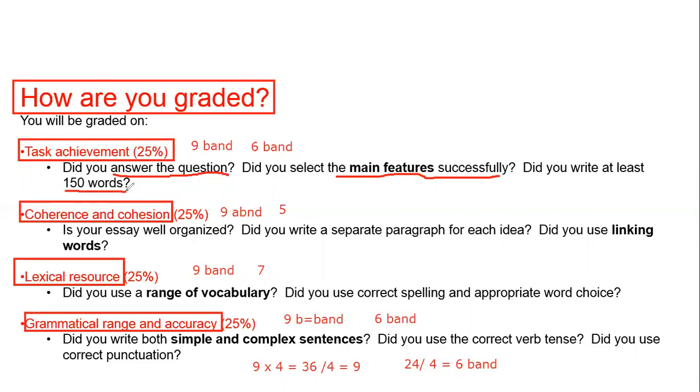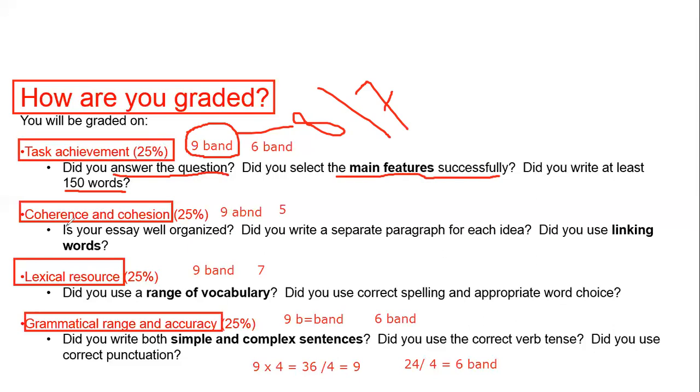If you write less than 150 words, your marks will be deducted. So these are the three main areas where you will be given marks by the examiner. If you fulfill all these requirements, you will be given at least 8 or 7 band out of 9. But if you did not complete it, your marks will be deducted.